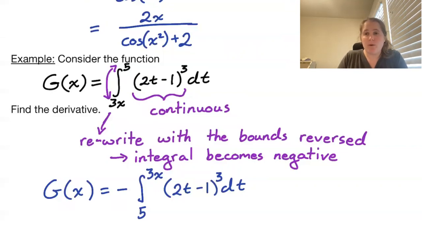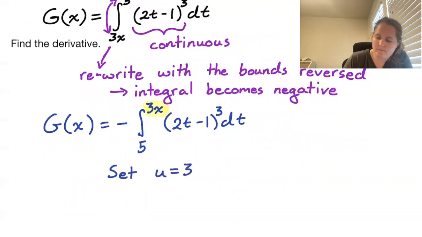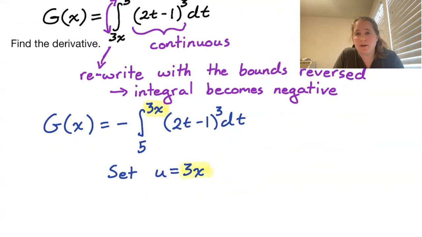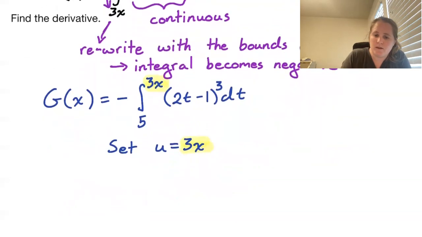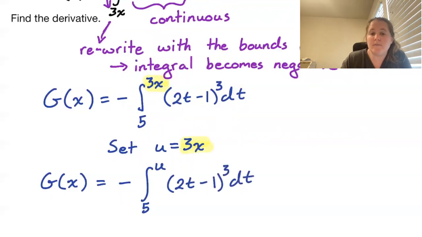Now this looks like what we were working with before. So we're going to set u to be 3x. Again, that just comes from that upper bound that was defined in terms of our variable. And so we have G of x is equal to negative times the definite integral from 5 to u of 2t minus 1 cubed dt.